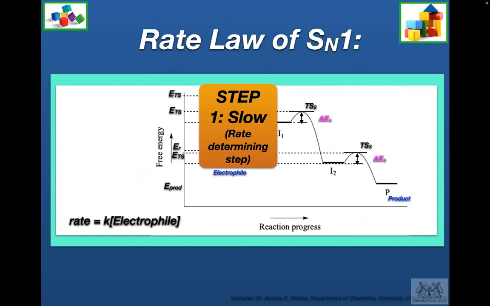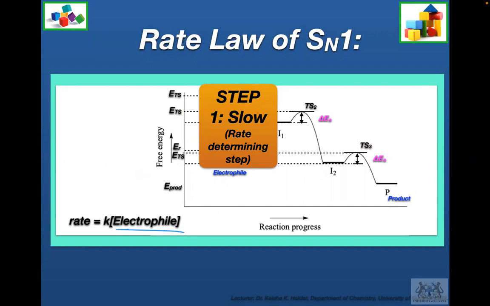the rate constant and the electrophile itself. So unlike the SN2 reaction, where your rate was determined by the concentration of your nucleophile and your electrophile, the SN1 reaction is different in that our rate is determined by the concentration of the electrophile alone.